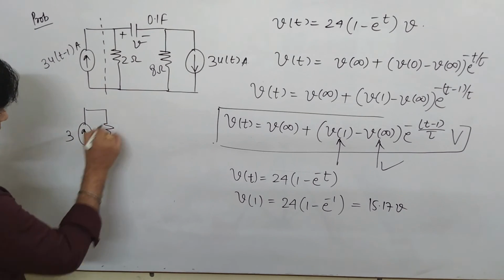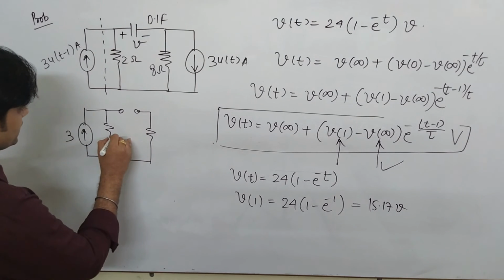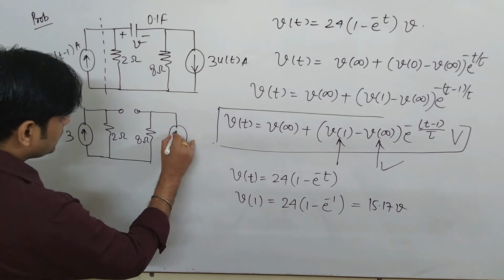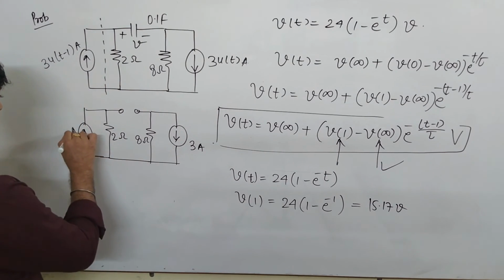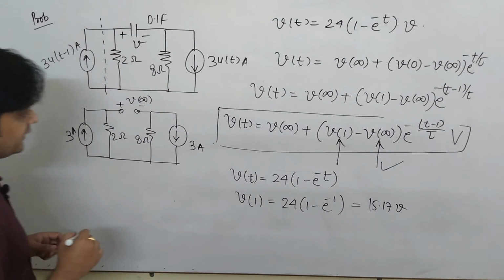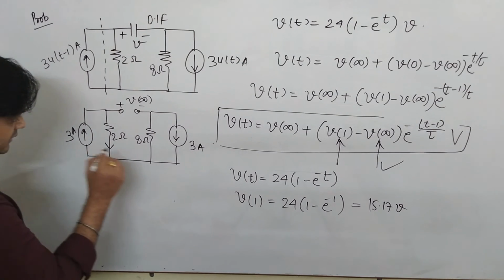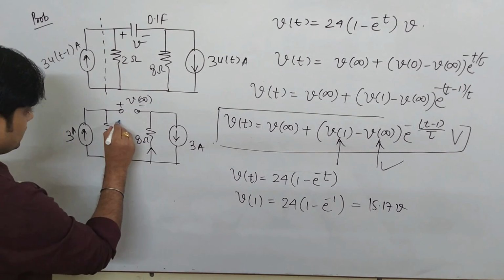Again this is your resistance, this is 2 ohm, this is 8 ohm, and this is your 3 ampere, and now this is V infinite for the instant t greater than 1. So what will happen, this 3 ampere current will flow here in this manner and this 3 ampere will flow in this manner, and you have to solve this in this fashion.